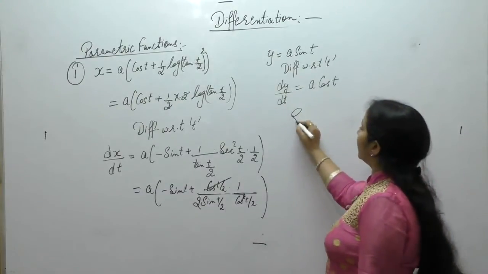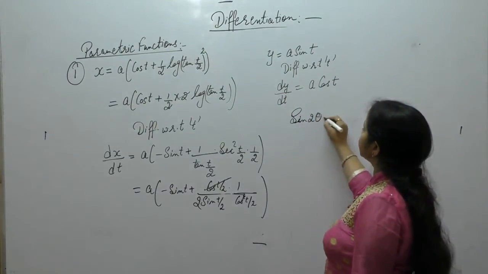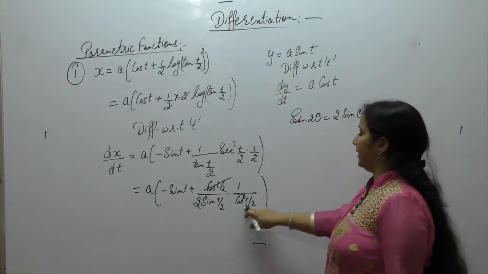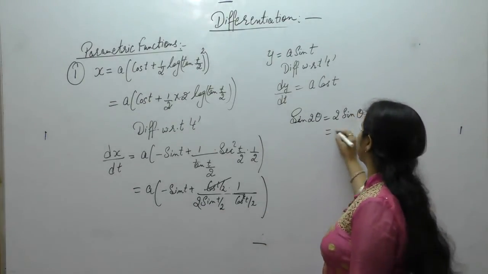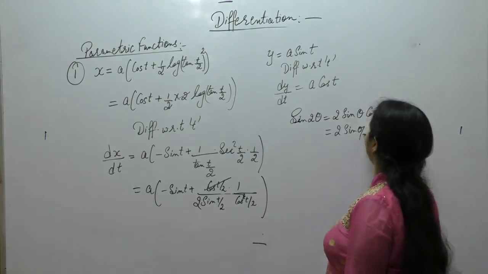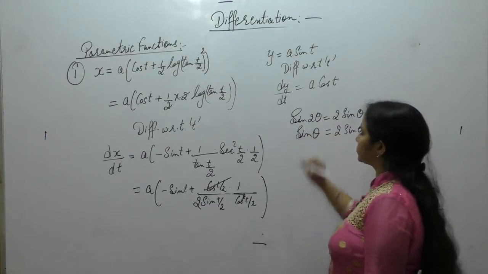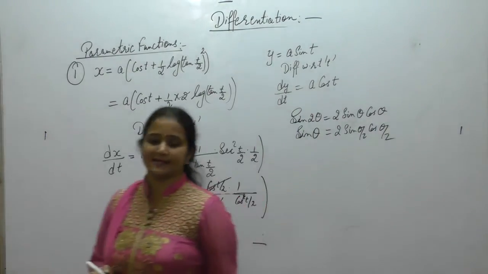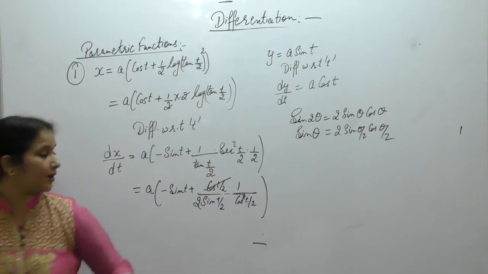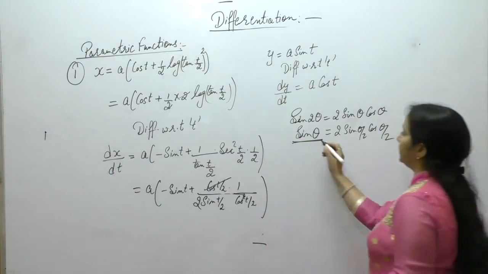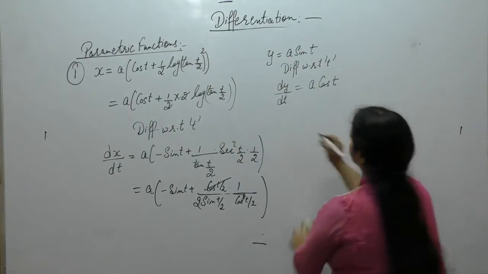Now we have one formula. Sin 2 theta is 2 sin theta cos theta. Here the angle is half. So 2 sin theta by 2 cos theta by 2, on the left hand side the angle will also be half, that is we get sin theta. So instead of 2 sin t by 2 cos t by 2, what do we put? Sin t.